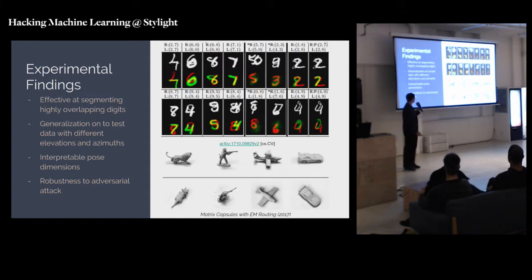Also, the pose dimensions have turned out to be kind of interpretable. In the dynamic routing capsules paper, they attached a decoder network to try to decode the outputs of the intermediate capsule layers, and then they would fix all the capsules and perturb their pose parameters by a little bit while keeping all the rest of the parameters fixed.